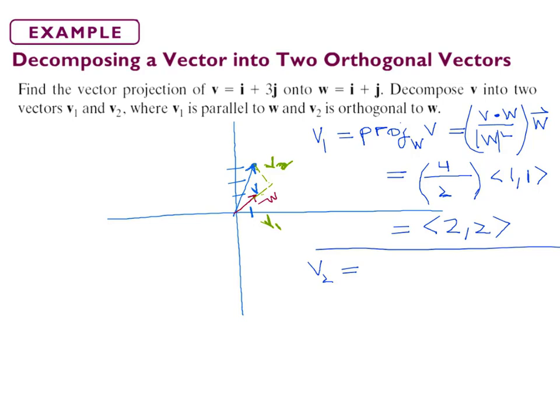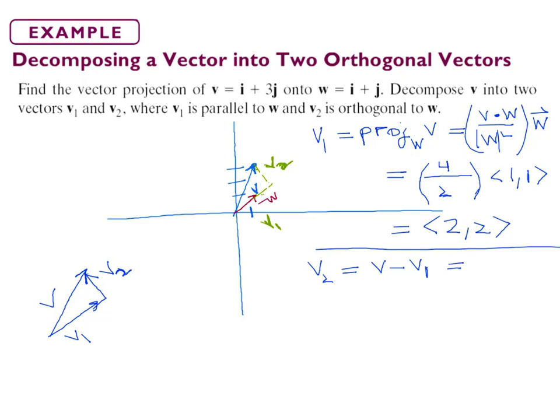Here's vector v, and here's vector v1, and I basically want to find v2. Who can tell me how I can find it? Oh, you got it, Delaney? Yes, it's v minus v1.